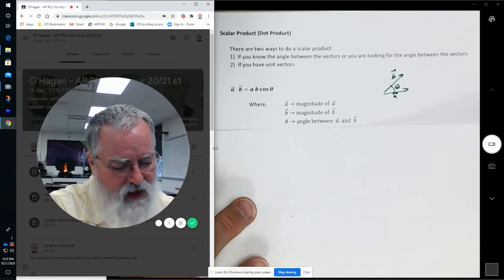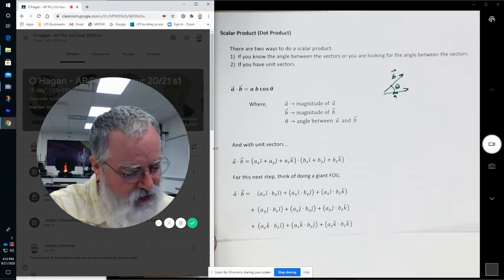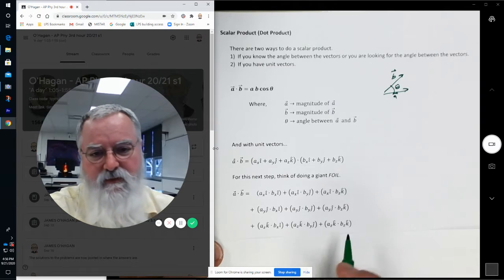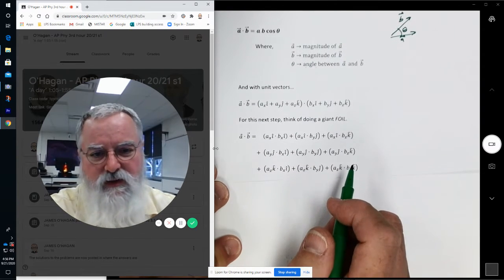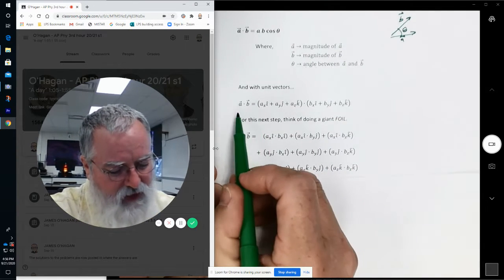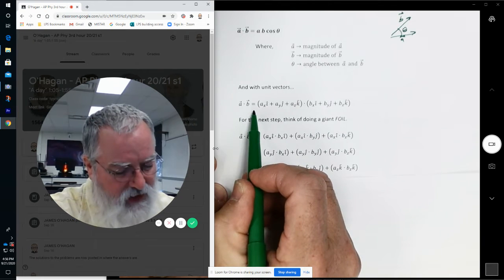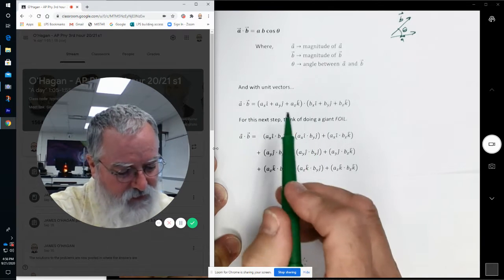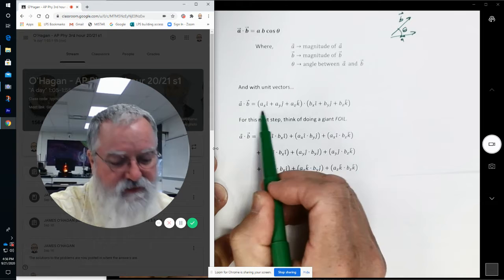Now we can do dot products with unit vectors. This one gets kind of nuts. A dot B equals: here's my first vector, my A vector.